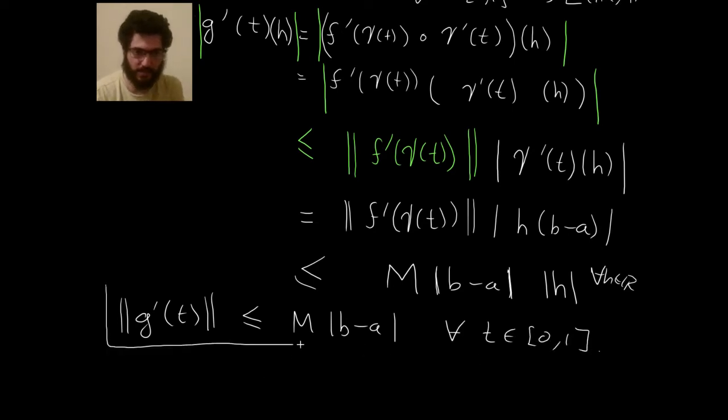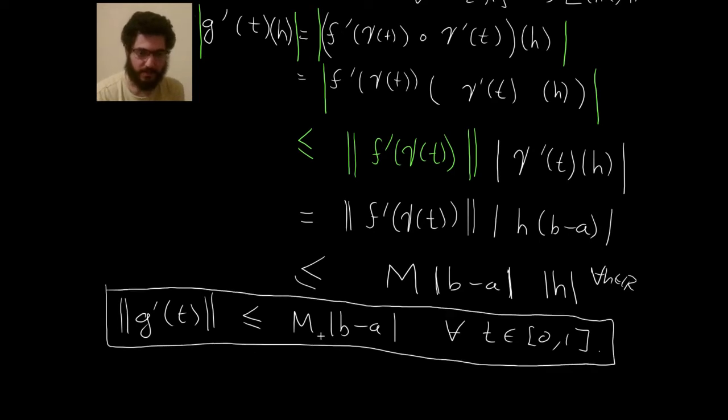That's what it's saying. So this is what we achieved. Now, this norm of this linear map, this is the speed of g.